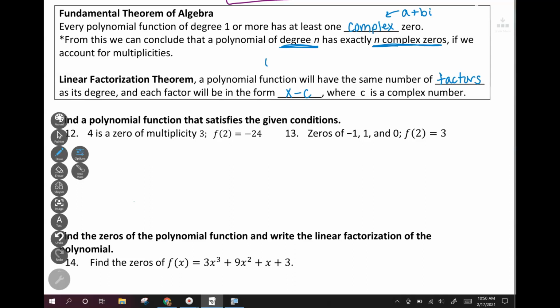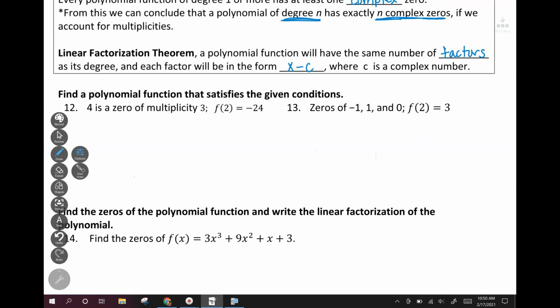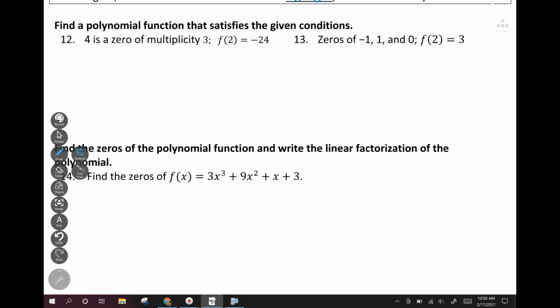If I have i as a zero, then I have x minus i as a factor. If I have 3 as a zero, then I have x minus 3 as a factor. And so for every zero, you're going to have a factor, which means again that the number of factors is going to be equivalent to the degree. That's what both of those are saying.